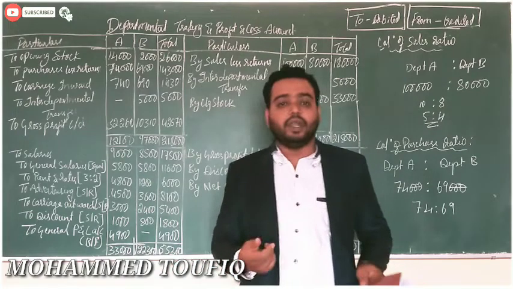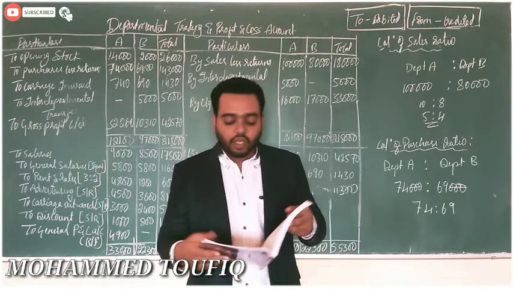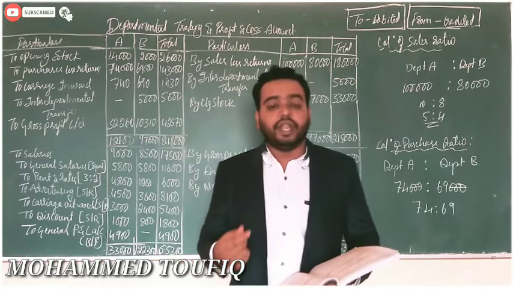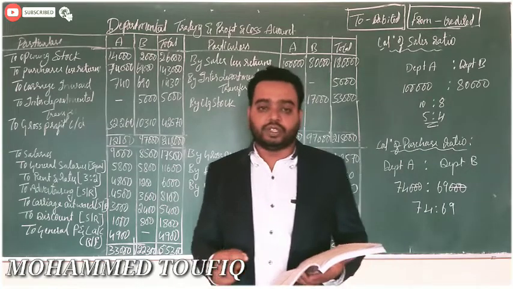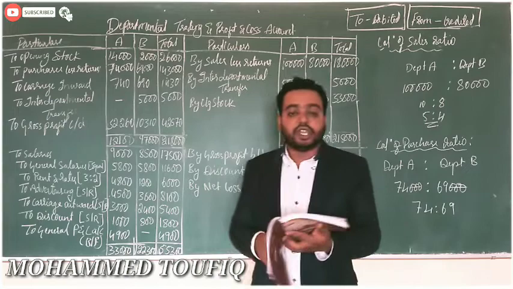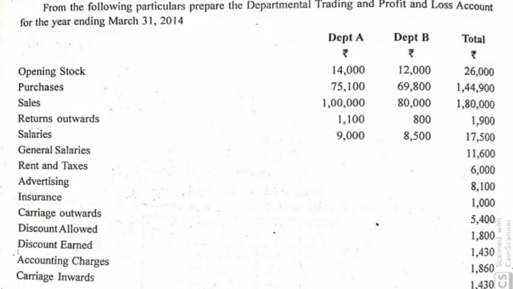Please, if possible, try to write that particular question, or at least try to note the important points from it. So the question here is: from the following particulars, prepare departmental trading and profit and loss account for the year ending 31st of March 2019.